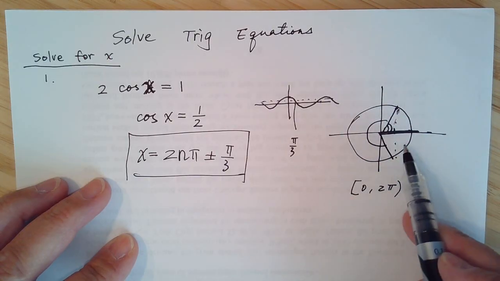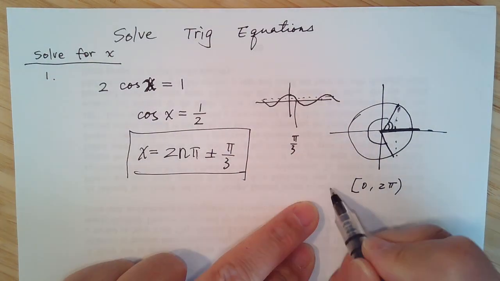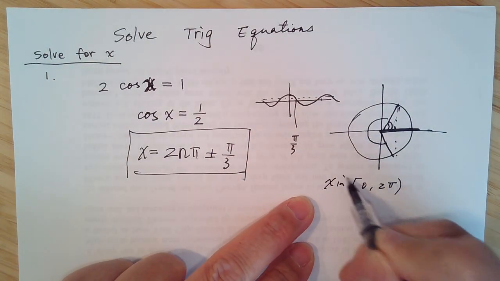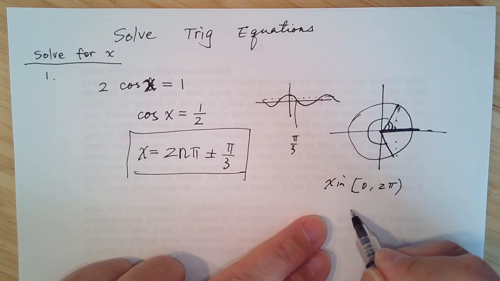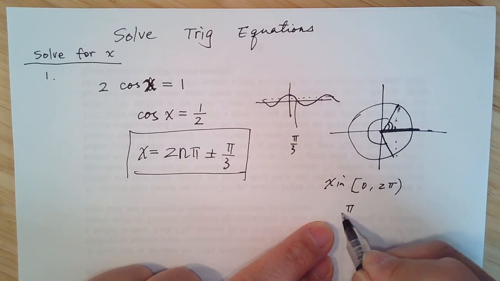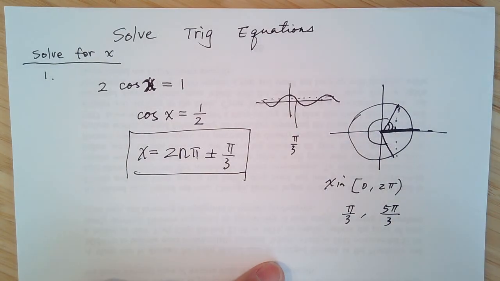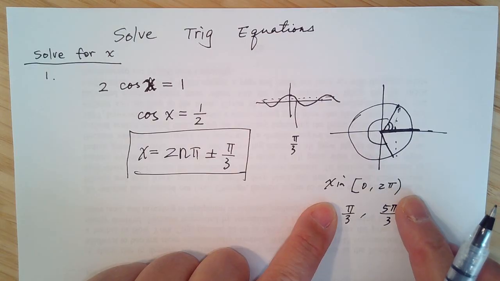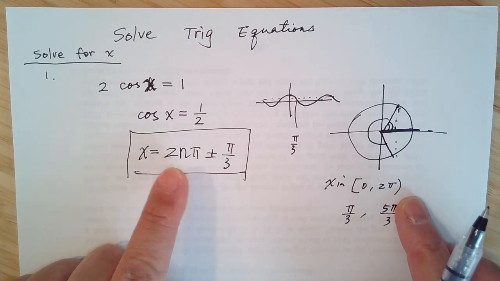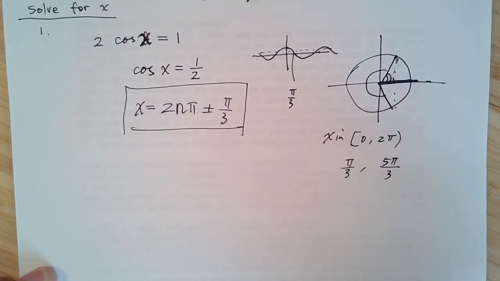So 0 to 2 pi just means in one cycle, and they just give me the solution. If I tell you that x is in this interval, then your answer will be pi over 3 and 5 pi over 3. And that's your two solutions. If I didn't mention the specific interval, then you should give me the general answer. That's a little thing that you have to pay attention to.